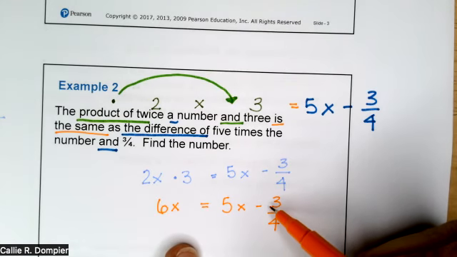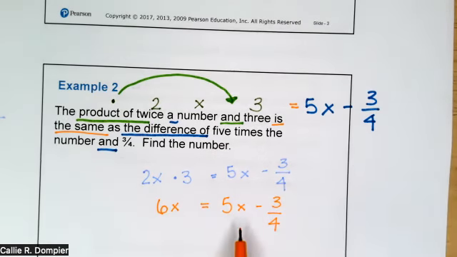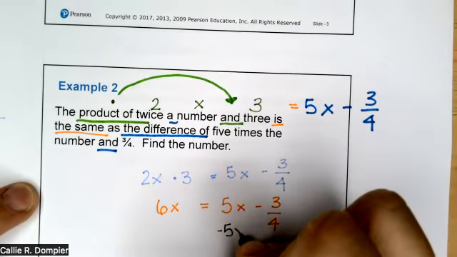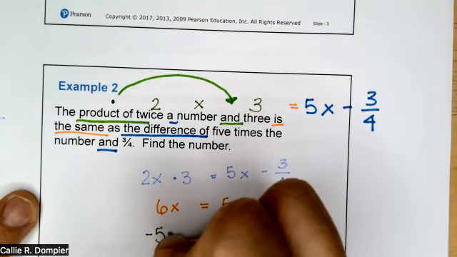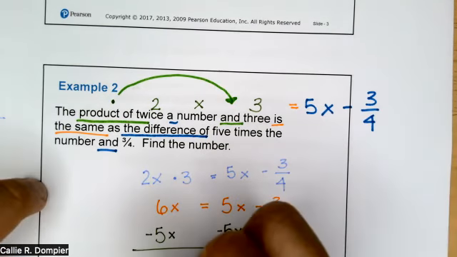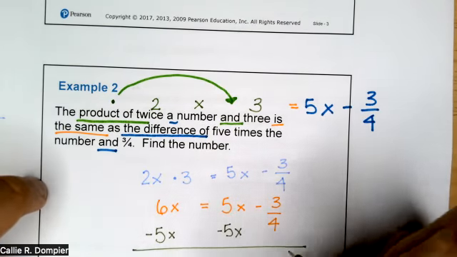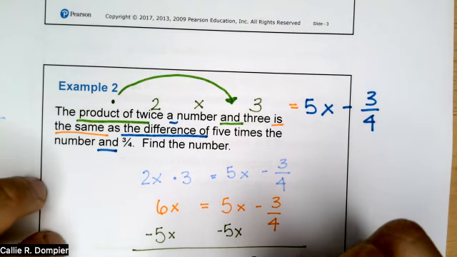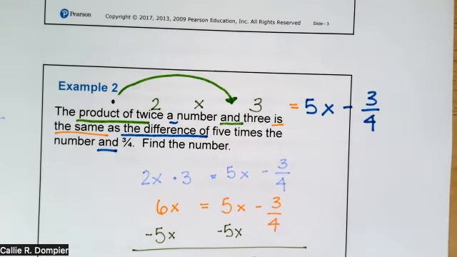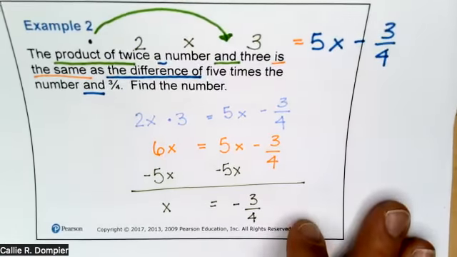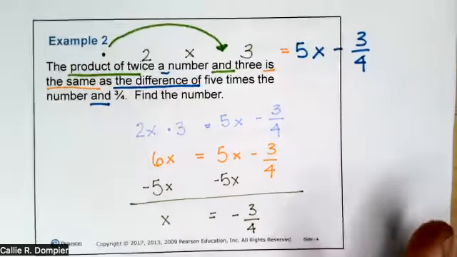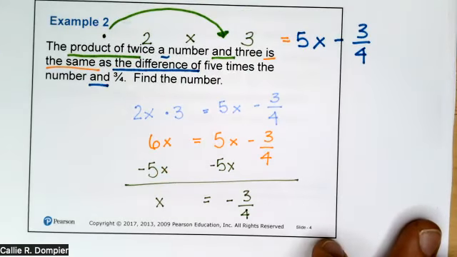Now we should always add or subtract before we multiply or divide, right? But first we want all the x's to the left. So I'm going to subtract 5x from both sides. 6x minus 5x is just x equals negative 3/4. Oh, that was easy. I thought we were going to have to divide. All right. And that is, I'm going to stop recording.